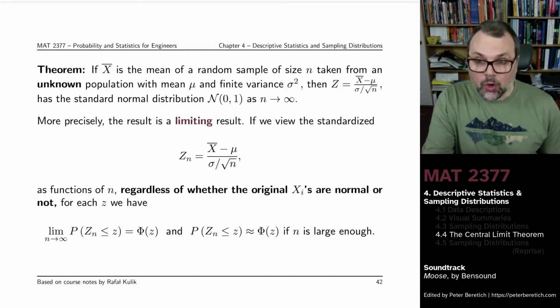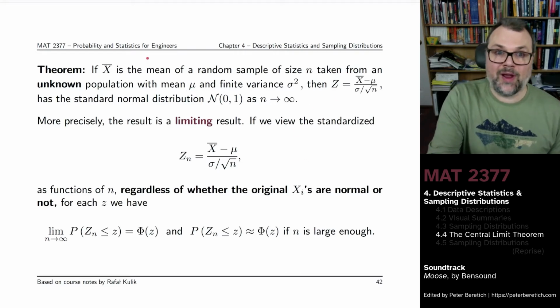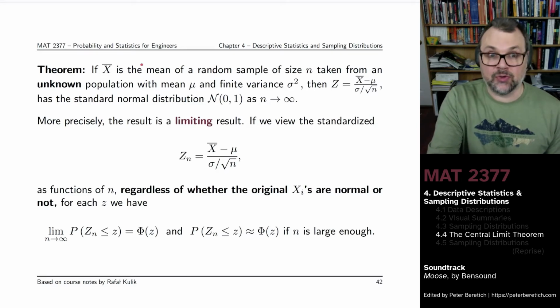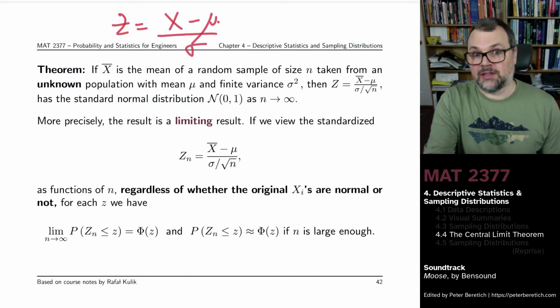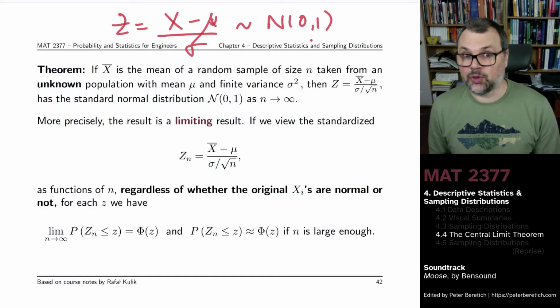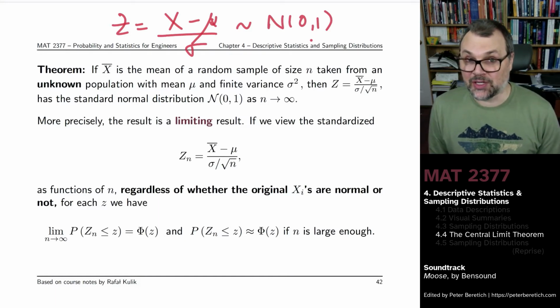Now, when you're working with the regular x, if you're not looking at the sample mean, but the actual values, remember that what we were saying is that this quantity follows a standard normal. That's what standardization is.